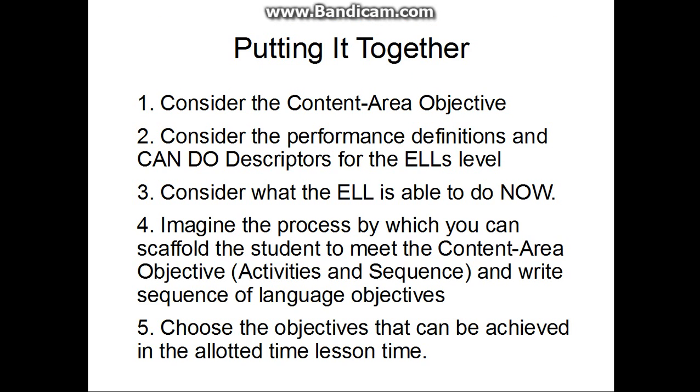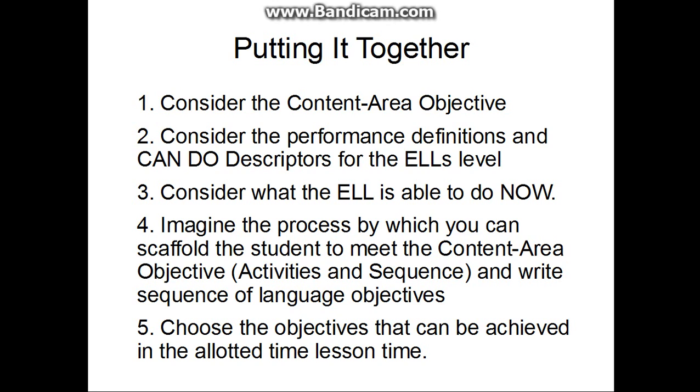So, putting it all together, what we first need to do is consider the content area objective, which we talked about earlier. We'll consider the performance definitions and can-do descriptors for the ELL's level, which we just did, and we consider what the ELL is able to do now. We'll imagine the process by which you can scaffold the student to meet the content area objective.